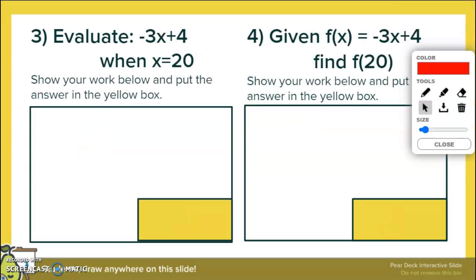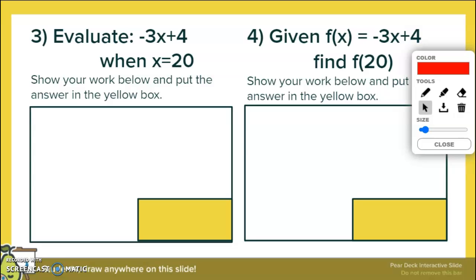Okay, next two problems, pause the video and see if you can solve them yourself. The first question says evaluate negative 3x plus 4 when x is equal to 20. That means whenever I see an x value, I can substitute 20, because we're told that x and 20 have the same value.